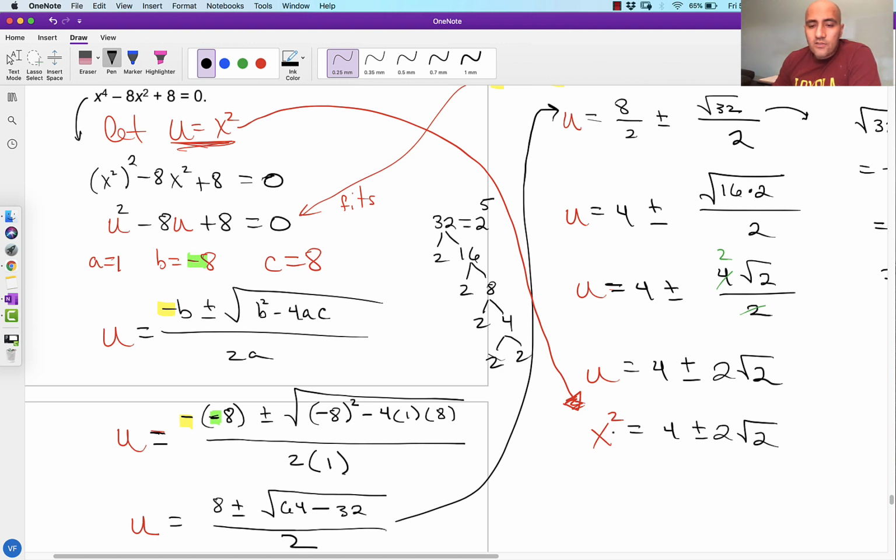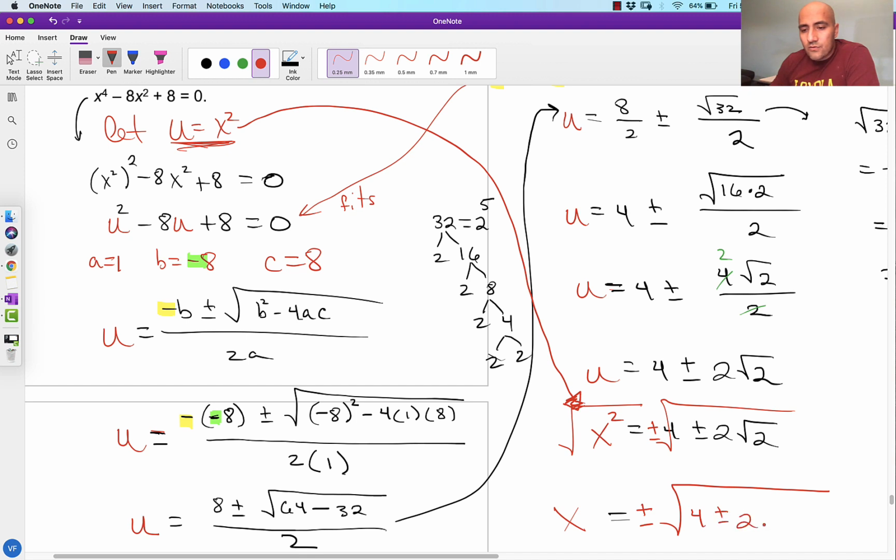And so now when I solve for x, I'll end up with x equals to, well, let's take the square root of both sides. So I'm going to take the square root of this side and then the square root of that side, keeping in mind that I have to throw in the plus and minus. So it'll be plus or minus square root of 4 plus or minus 2 root 2. That's ugly. Let me zoom out a little bit.